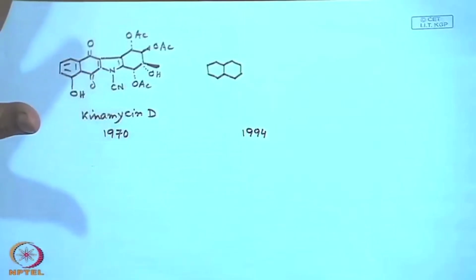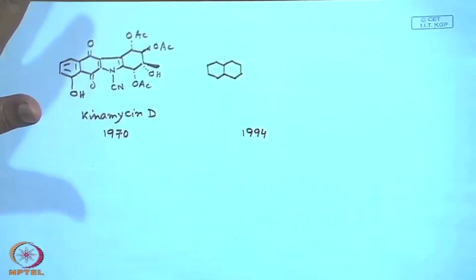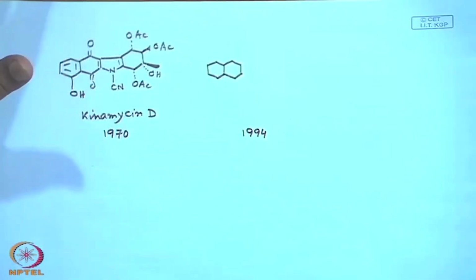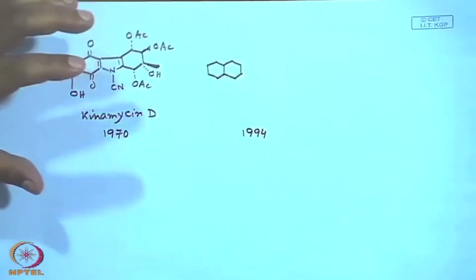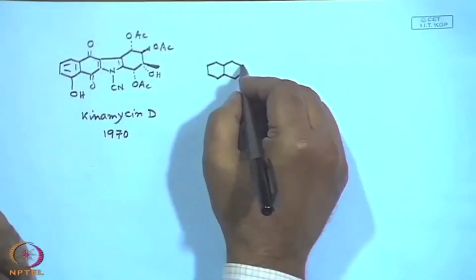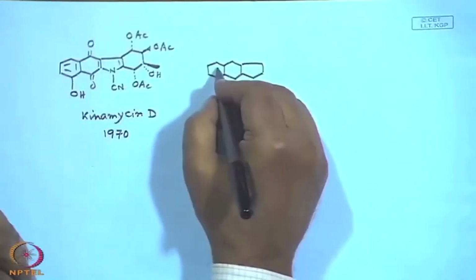All other functional groups are in agreement. So then what is the problem? That means this particular compound defied the crystallographic structure determination, right.